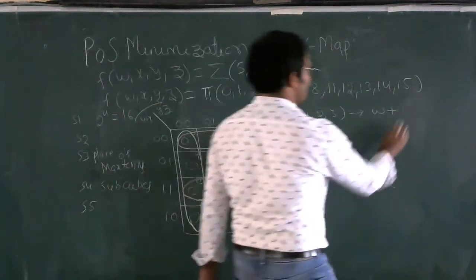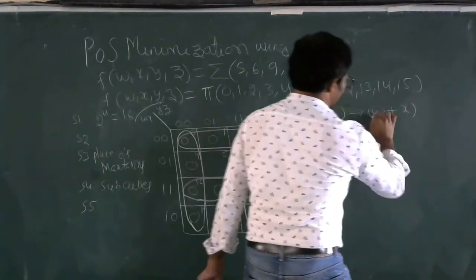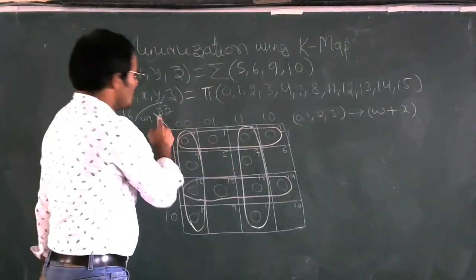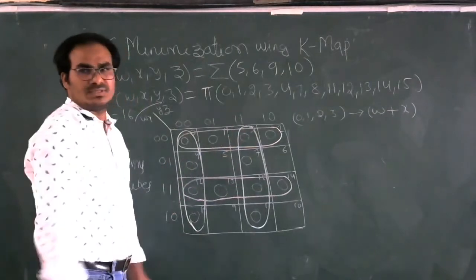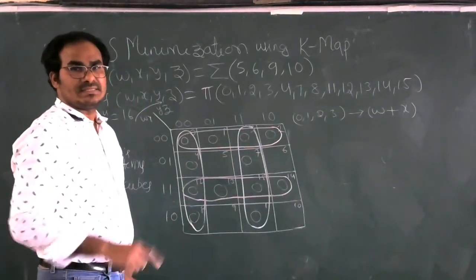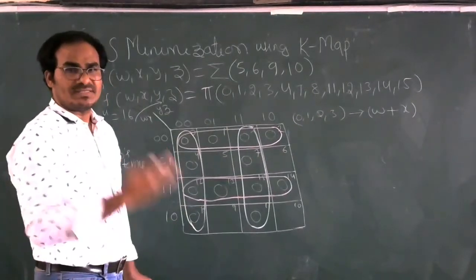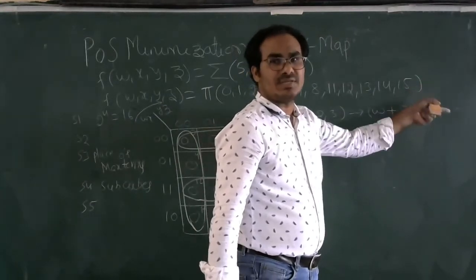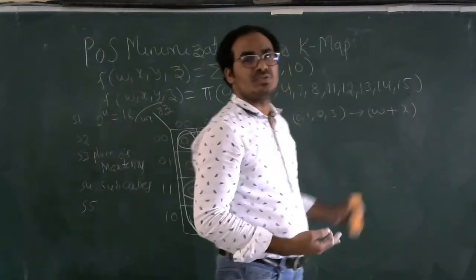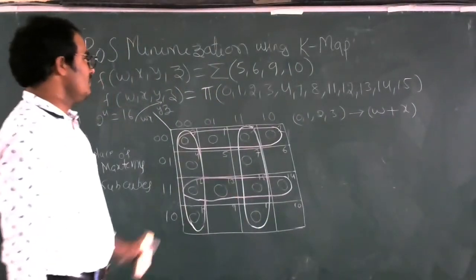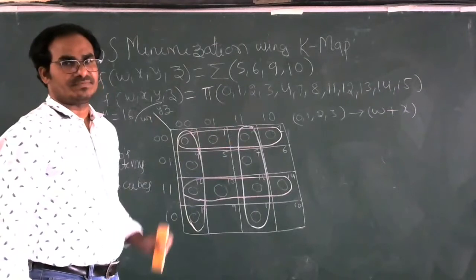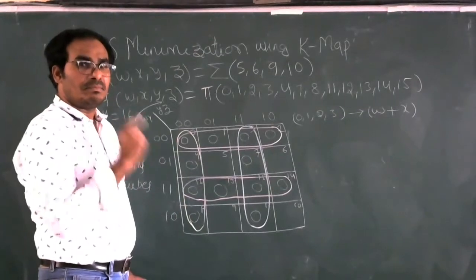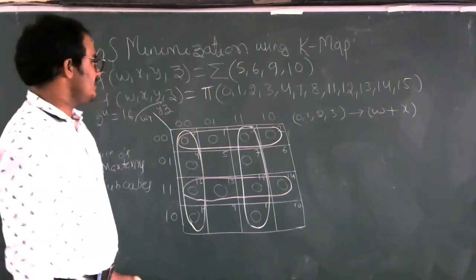That is W plus X. And the subgroup is covering Y as 0 and 1, so that will not be present. 0 into 1 is 0, so that will not be there. 0 plus anything is anything itself. That's why just W plus X. W plus X plus 0 is W plus X remains. That's why we should not take a variable which is covered as 0 and 1. A variable which is covered as 0 and 1, we should not place in the sum term.